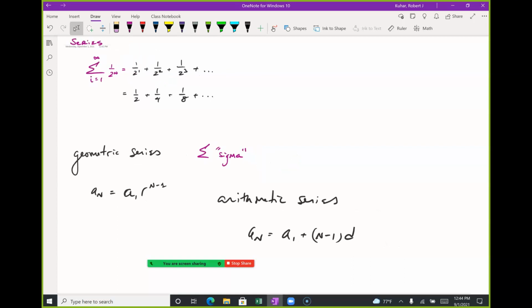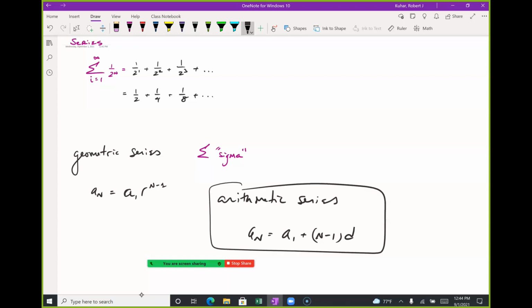So first of all, what's the main operation in an arithmetic series? Looking at my general formula here, what's the main operation in my arithmetic series? Well, better yet, what's it in the geometric series? What am I doing with these two terms, a sub 1 and r?